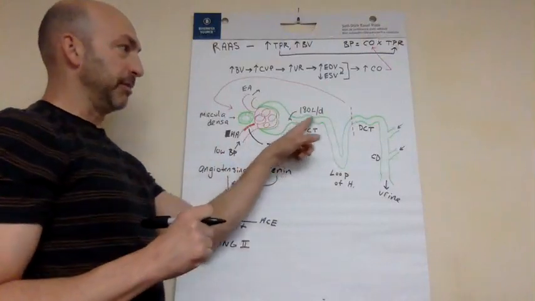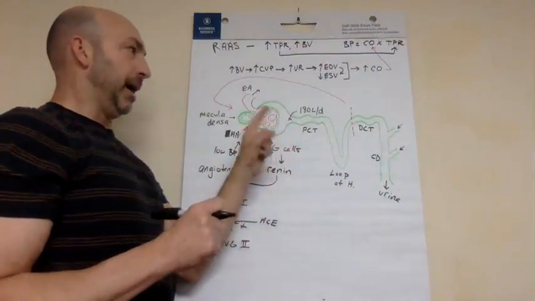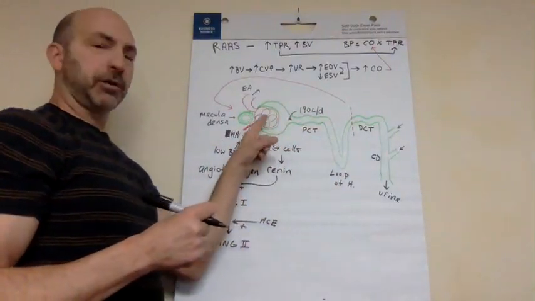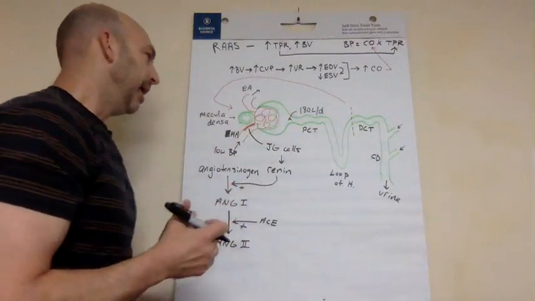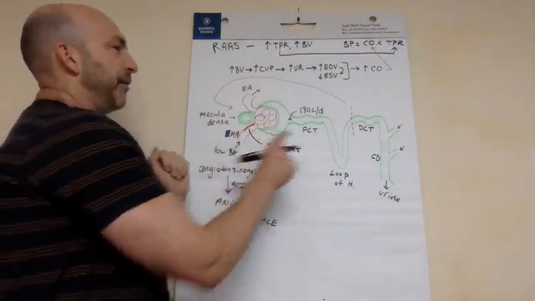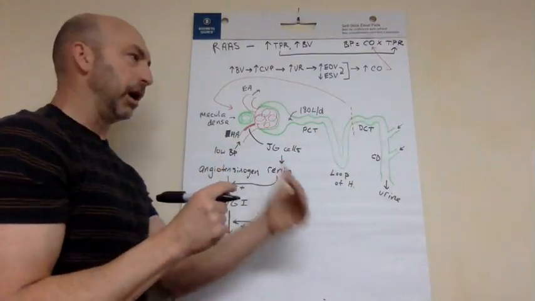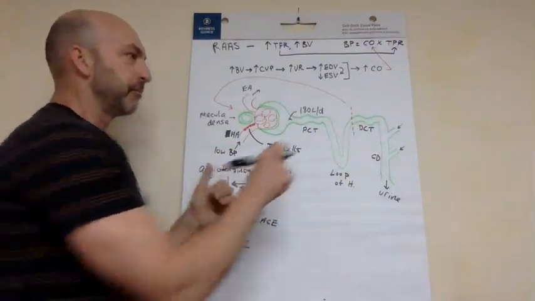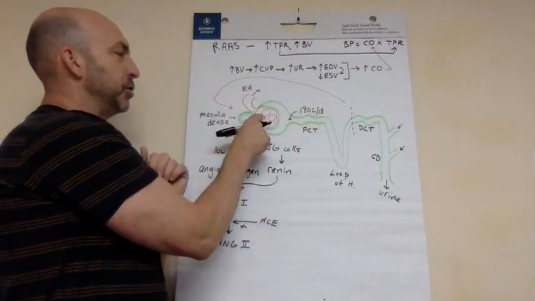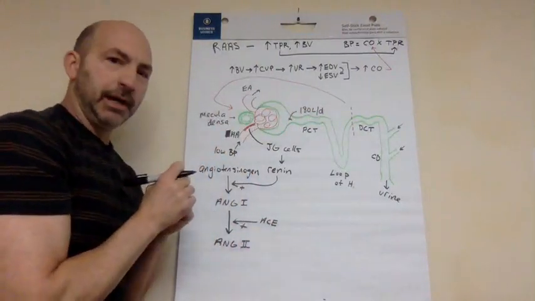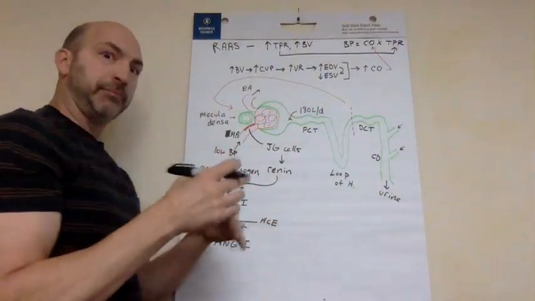In other words, we're reabsorbing more effectively, which usually occurs because we filter less than we should be. And so if our flow rate here is low, or our osmolarity is low, they usually go hand in hand, then what we want to have happen is GFR to go up. And to do that, we need blood pressure to go back up.